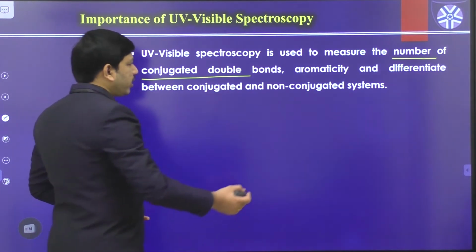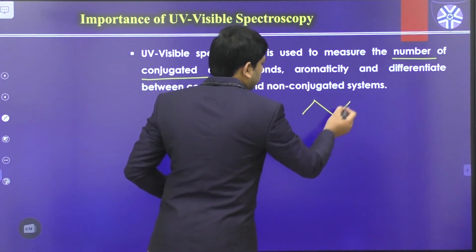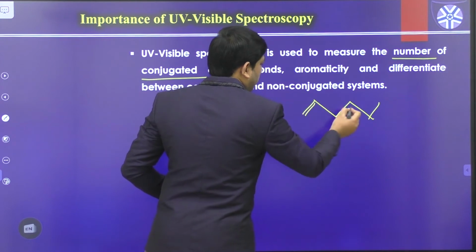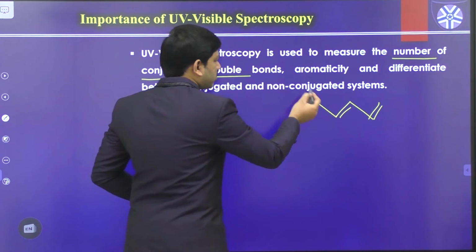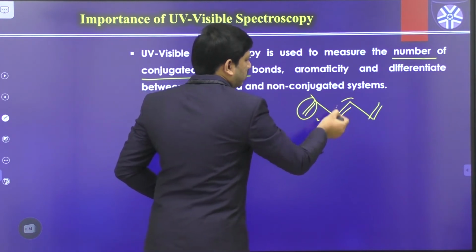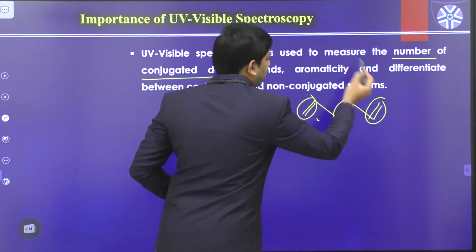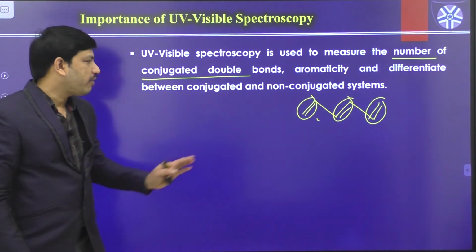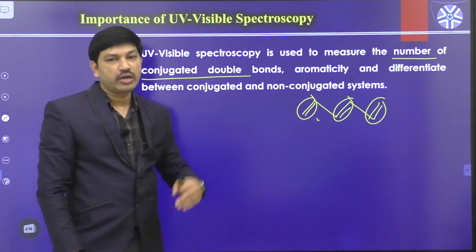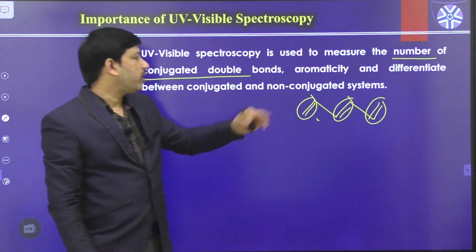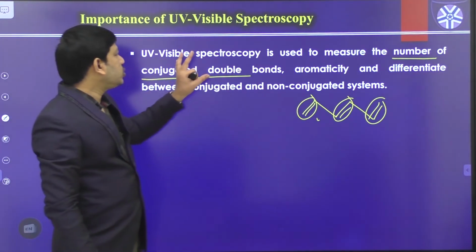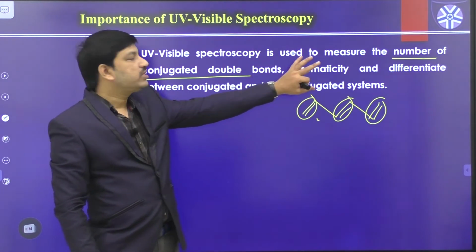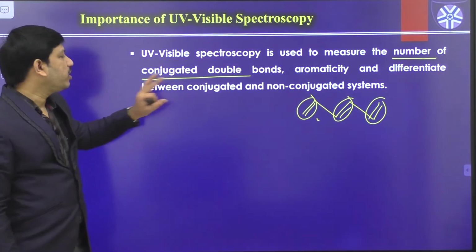If a compound has alternating double bonds like this, double bond, single bond, double bond, single bond, then that is called conjugated double bonds. UV visible spectroscopy is useful to measure the number of conjugated double bonds available in a given molecule.